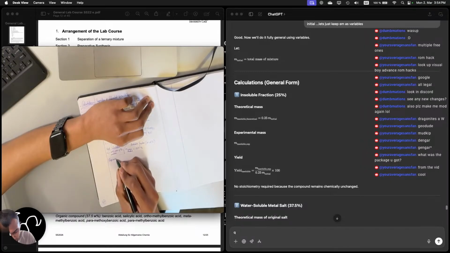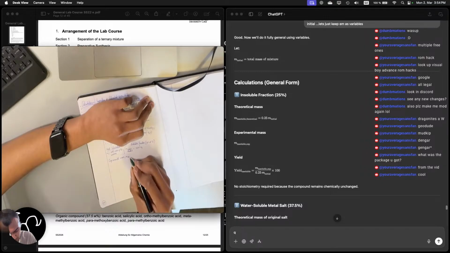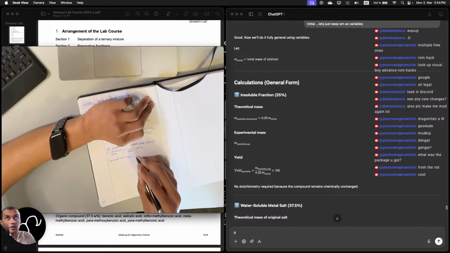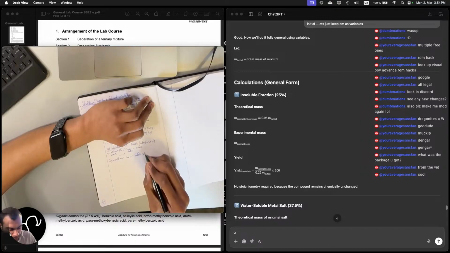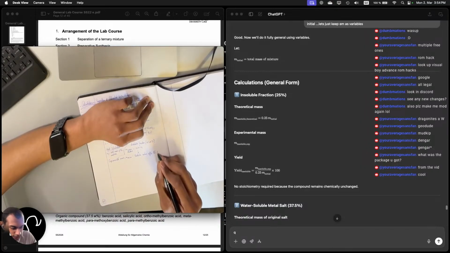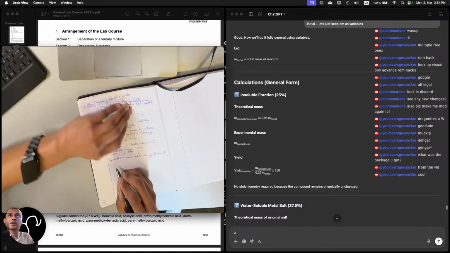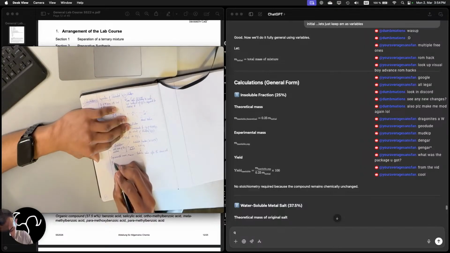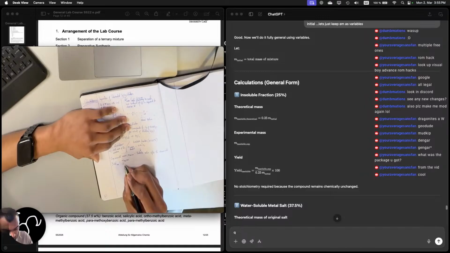Experimental mass, m exp insoluble equals realistic value after the errors, etc. Yield insoluble equals experimental insoluble over theoretical insoluble into 100.